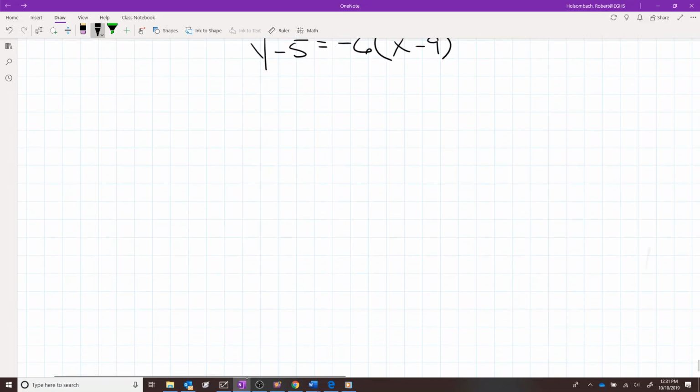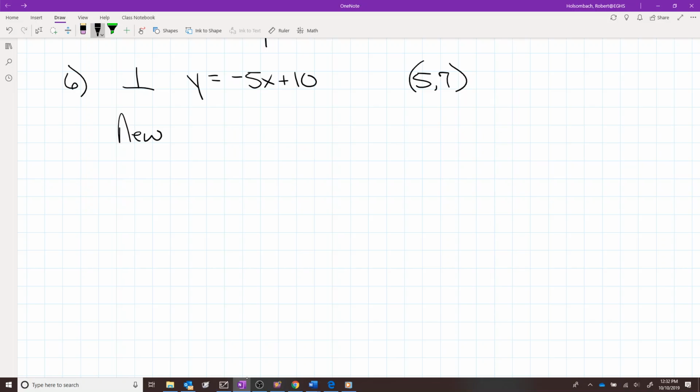And number 6. What is an equation in point slope form for a line perpendicular to y equals negative 5x plus 10, and it contains 5, 7? Since the lines are perpendicular, the slope of the new line will be the negative reciprocal of the original line.